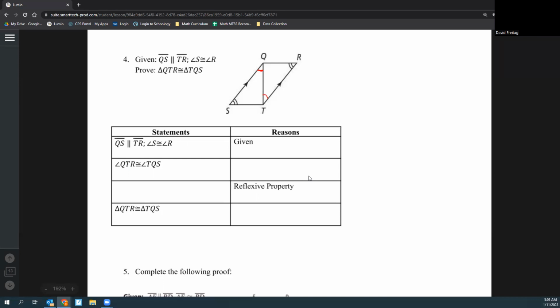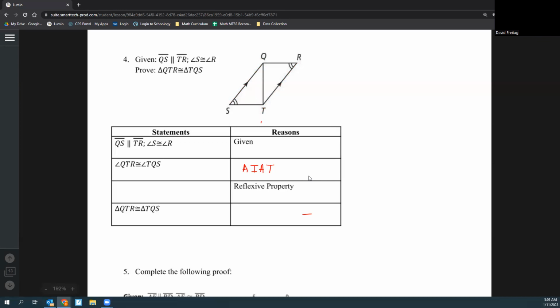Since it's two parallel lines cut by a transversal, these are on opposite sides of the line. That's called the alternate interior angle theorem.